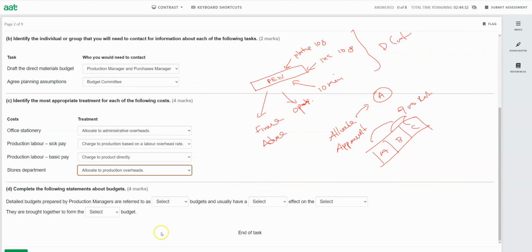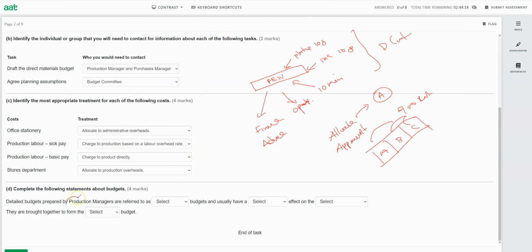All right, the next one we have here: complete the following statement about the budgets. Detailed budgets prepared by the production manager are referred to as... Remember that if the budget is prepared by the production manager, this is the budget we call bottom-up budget.